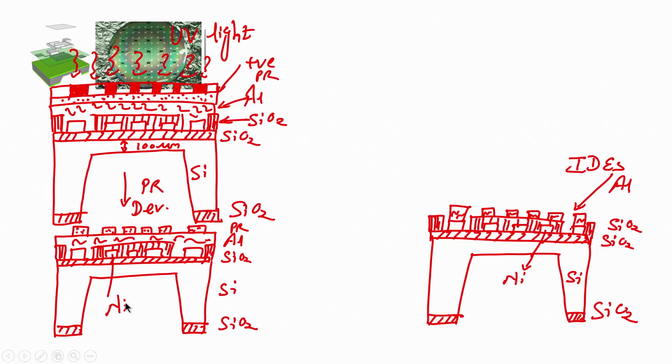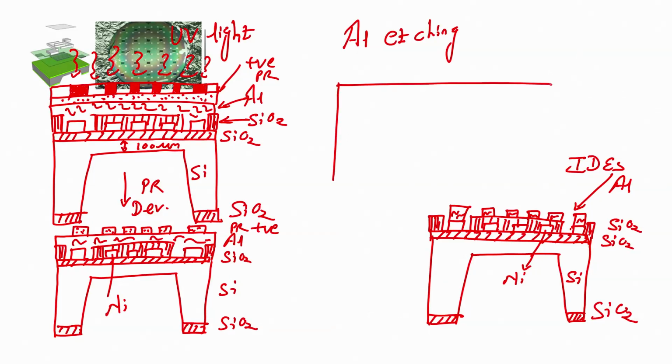Right, positive photoresist. So, the area which was not exposed became stronger, right, and did not get developed in the photoresist developer. The next step would be hard bake, followed by aluminum etching.